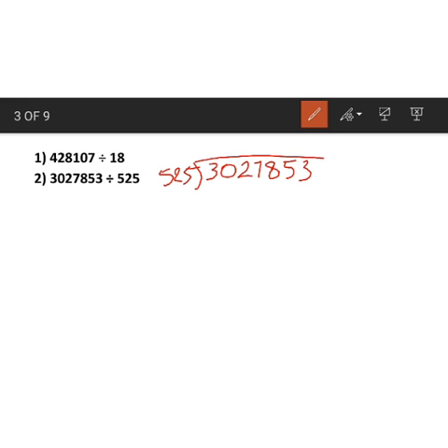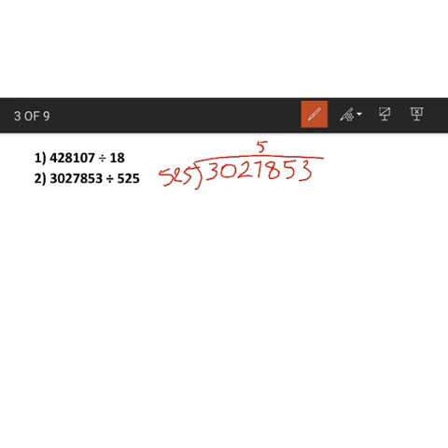So we can clearly see that 525 will go 5 times. How many times? 5 times. So write it just above 7 in the quotient part. Write 5 here in the quotient part.